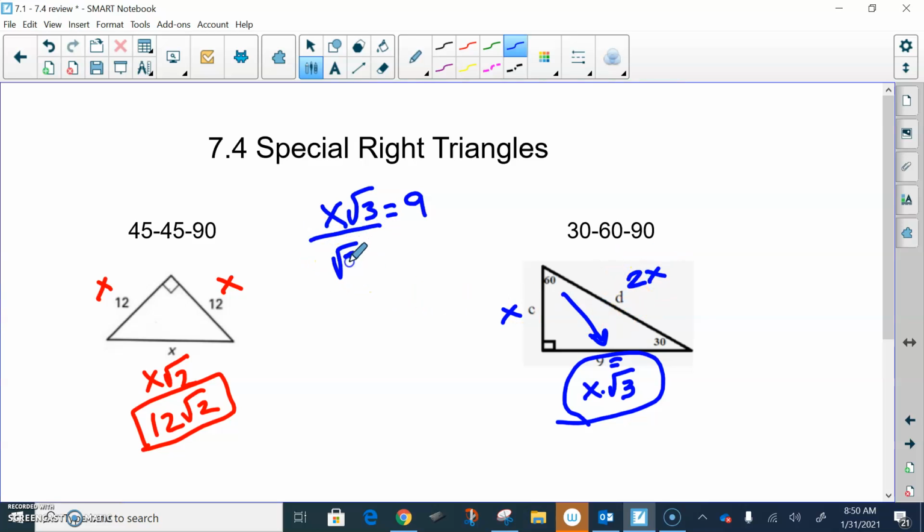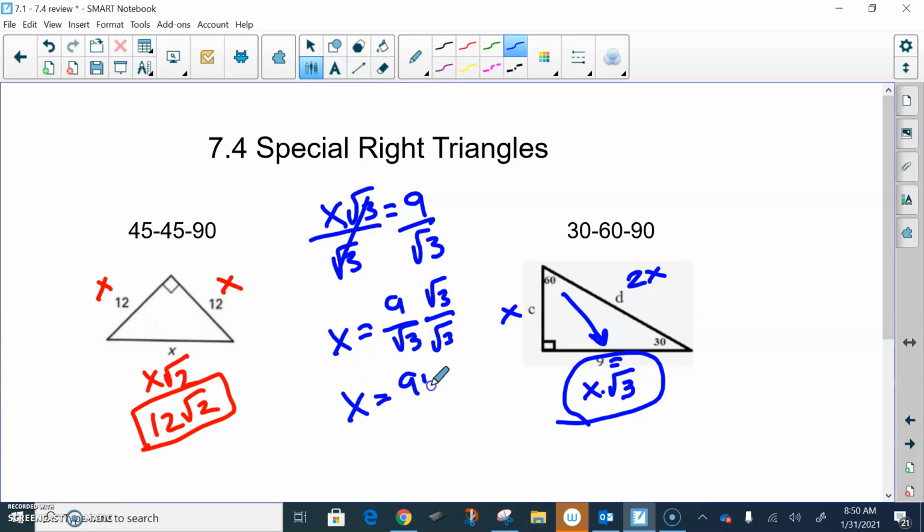So we divide each side by the square root of 3. It looks like x equals 9 over radical 3. We know we're not allowed to have that in math. That's one of our rules. So we're going to rationalize, which means multiply the top and the bottom by whatever radical is in the denominator. So you get 9 root 3 over the square root of 9, which gives us 9 root 3 over 3.